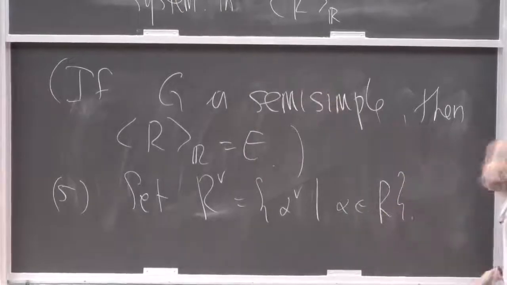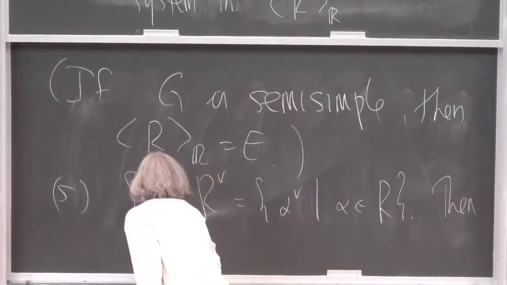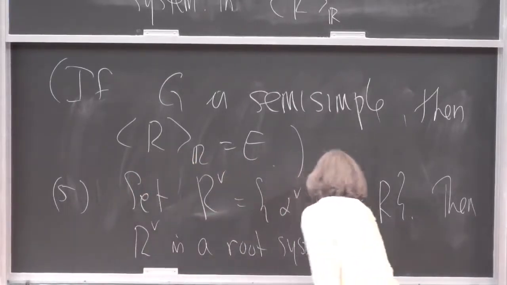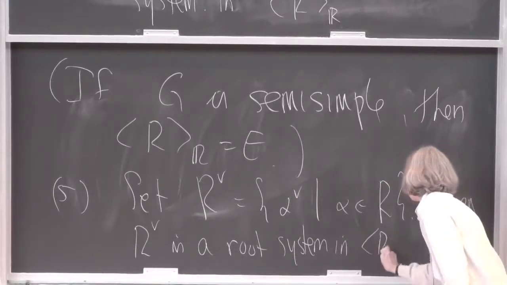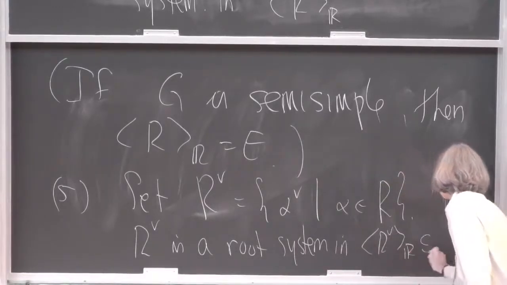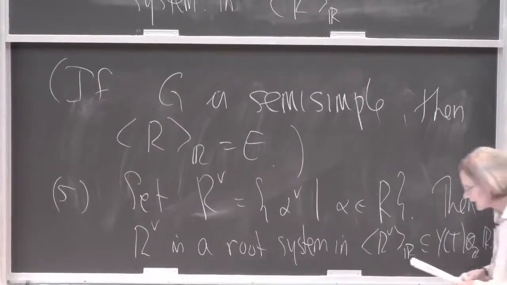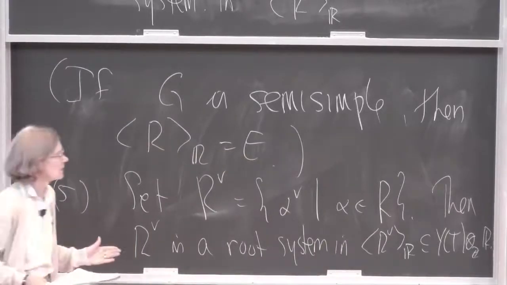So R check is a root system in, well, R check viewed as a subset of that space, some analogous object.